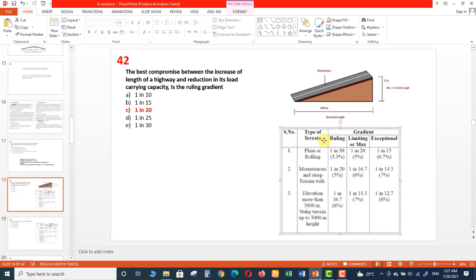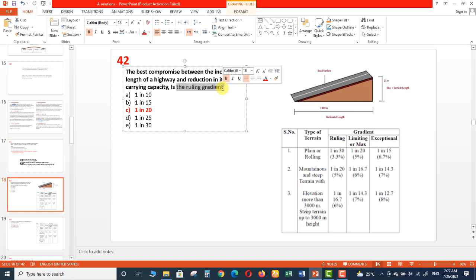So if we look into the rolling gradient, there are three different gradients. For plain or rolling terrains, there is a different gradient. For mountainous and steep terrains, there is a different gradient, and for elevations more than 3000 meter, there is a different gradient, right?